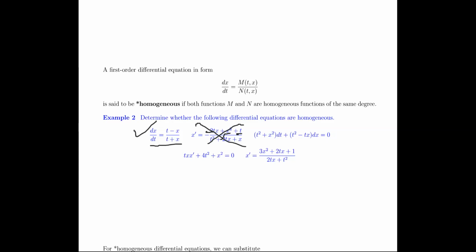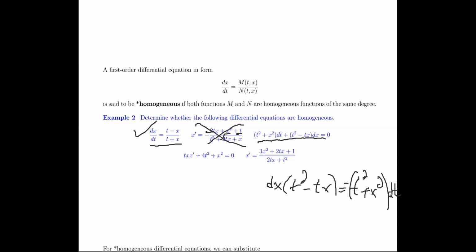All right. In this one, if we rewrite it as dx times t squared minus tx, move all of that to one side, and this is equal to negative of t squared plus x squared dt.